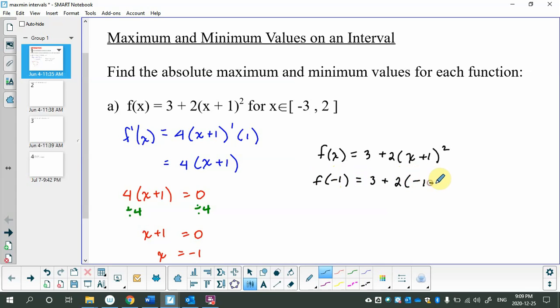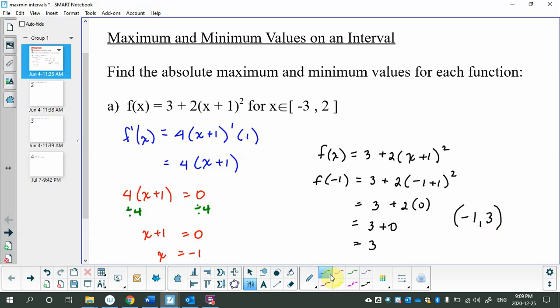So there's an x, and this is pretty nice because negative 1 plus 1 is 0, squared is 0, and 2 times 0 is 0, plus 3. So we end up getting a point negative 1 comma 3.